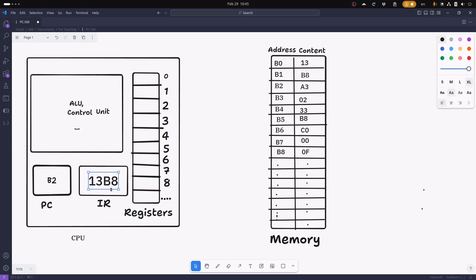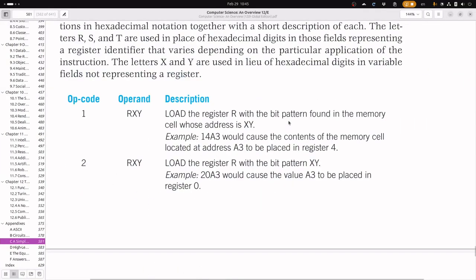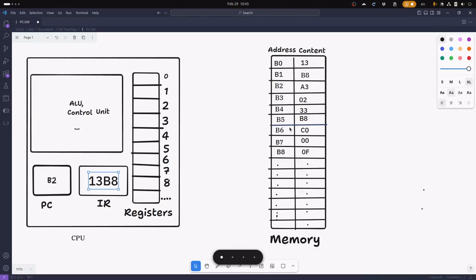The instruction register holds an instruction for the machine language we are using. You can ask why we are taking just two memory cells, why not one, or three, or many memory cells at once?